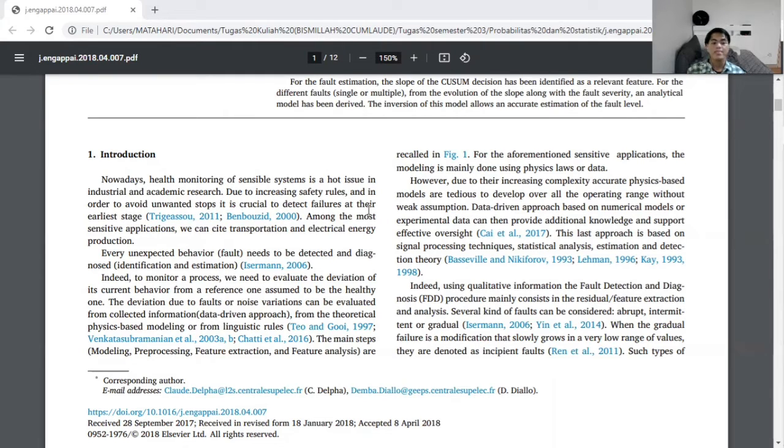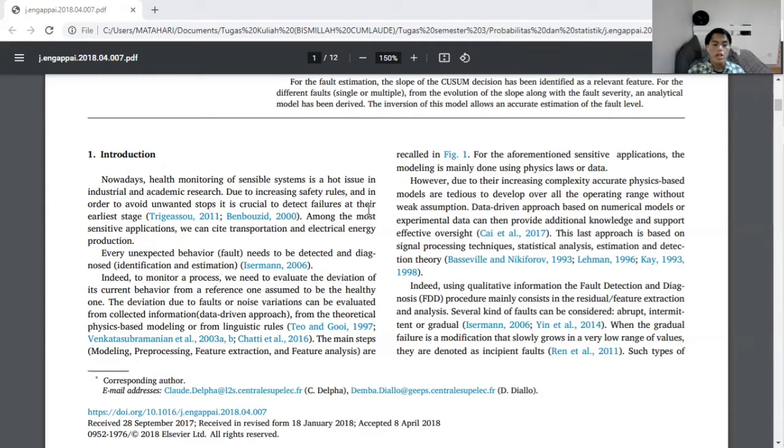Every unexpected behavior or fault needs to be detected and diagnosed, identified and estimated, according to Isermann 2006. Indeed, to monitor a process, we need to evaluate the deviation of its current behavior from a reference and assume that to be the healthy one.